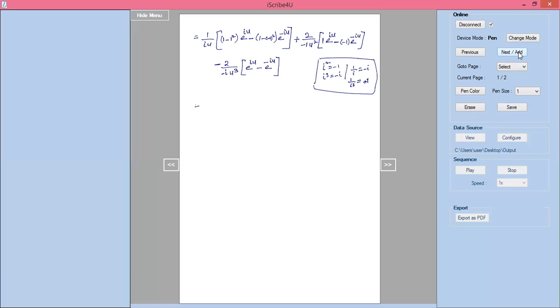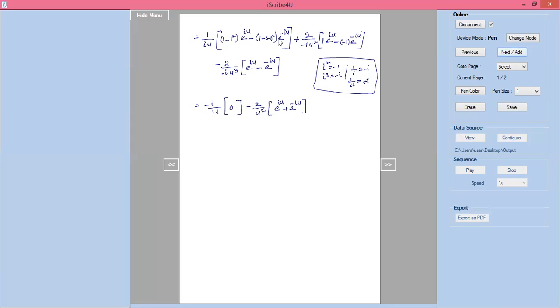Now I'll write, already 1 by i is there, so minus i divided by u into, first term 1 minus 1 square. What is that? 1 minus 1 square is 0. Here 1 minus of minus 1 square is also 0. So the first term will be completely 0. Minus 2 by u square into e power iu plus e power minus iu.